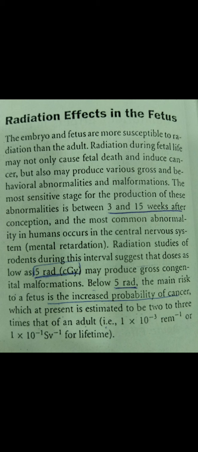The most common abnormality in humans occurs in the central nervous system, mental retardation. Radiation studies of rodents during this interval suggest that doses as low as 5 rad may produce gross congenital malformations, and below 5 rad the main risk to a fetus is the increased probability of cancer, which at present is estimated to be 2 to 3 times that of an adult.